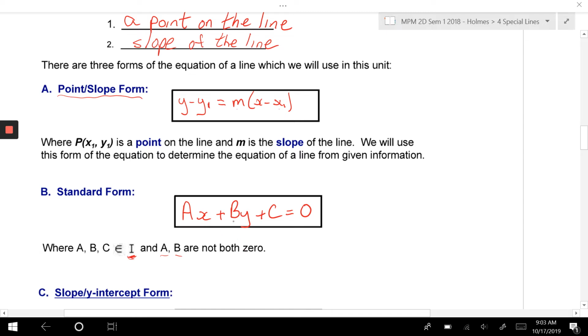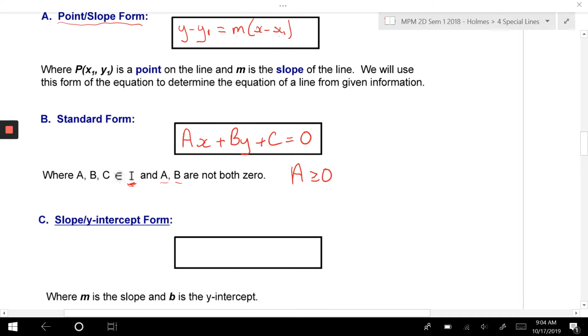If a and b are both 0, then that doesn't actually become a line. And we add one extra condition, which is helpful for next year, that a must be greater than or equal to 0. So we cannot have a negative value for a. Okay, that's known as the standard form. Again, another form that we simply need to memorize.